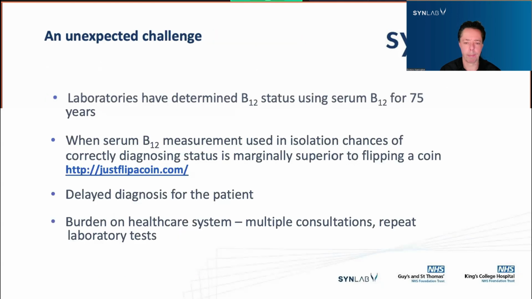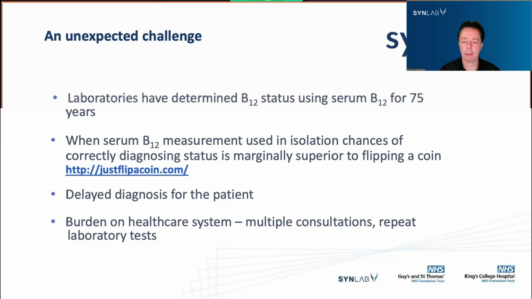So now let's have a little bit of a focus on how the laboratories can help you reach a diagnosis of B12 deficiency. You are probably at the moment thinking about the serum B12 test. It's one of the most common tests performed in any laboratory. In fact, laboratories have been performing the serum B12 test for about 75 years.